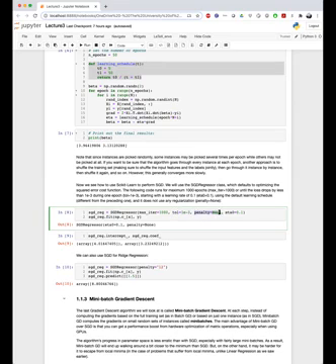Here I set penalty to none, which means I don't do any regularization. I'm just doing ordinary least squares. I don't do L2 or L1. For example, for ridge you can set L2, and you can set L1 for lasso regression. So penalty equal none is just regular linear regression.